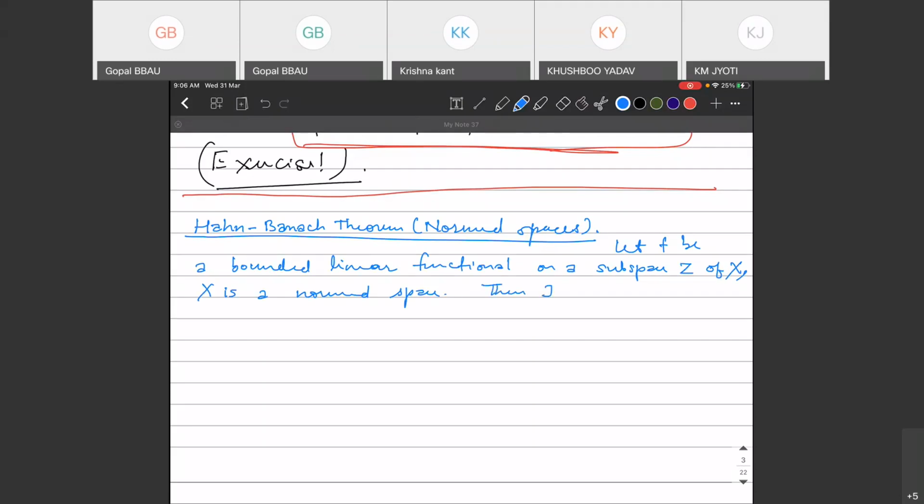Then there exists a bounded linear functional f tilde on X which is an extension of f, and f tilde has the same norm as f.